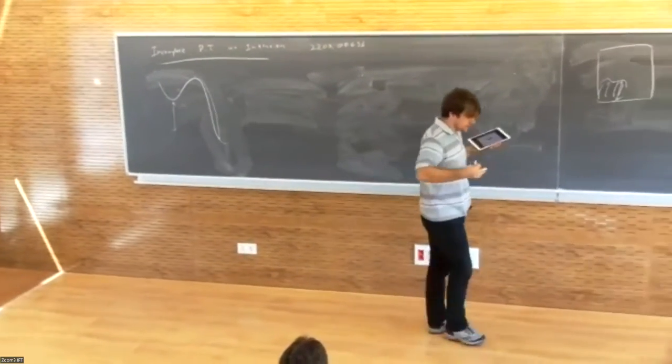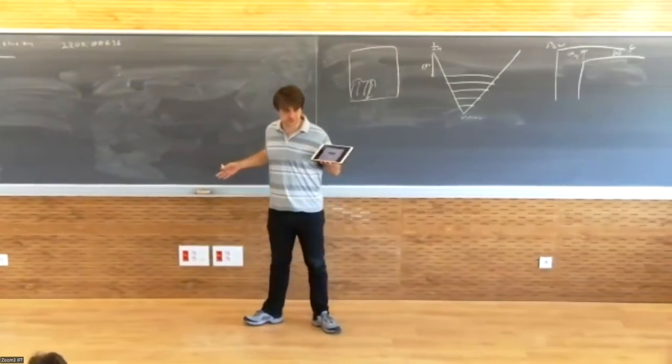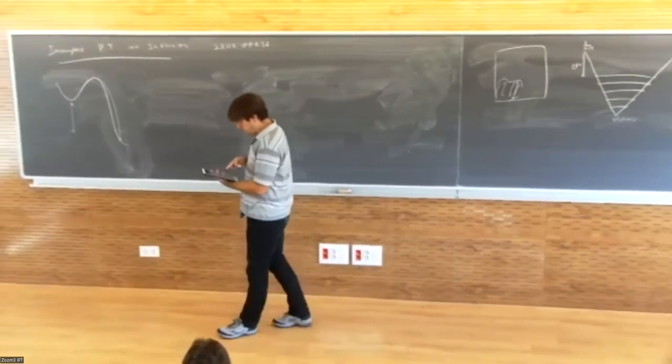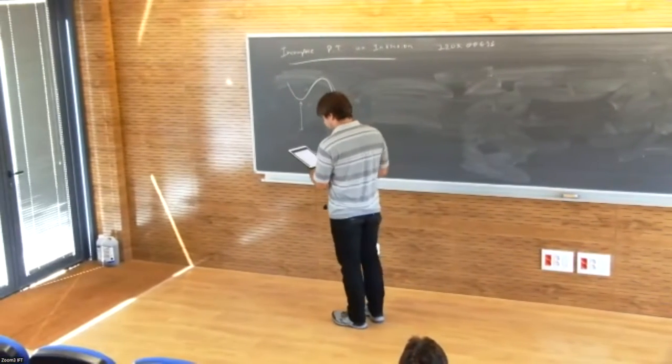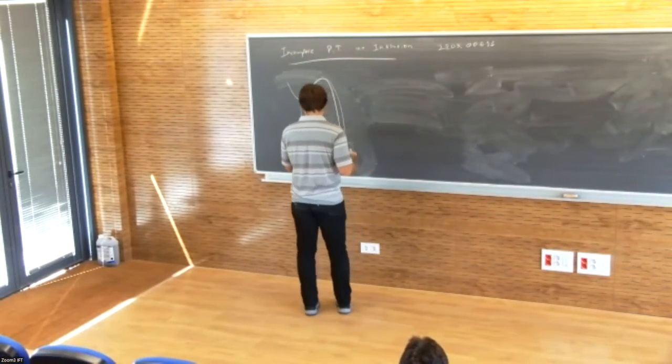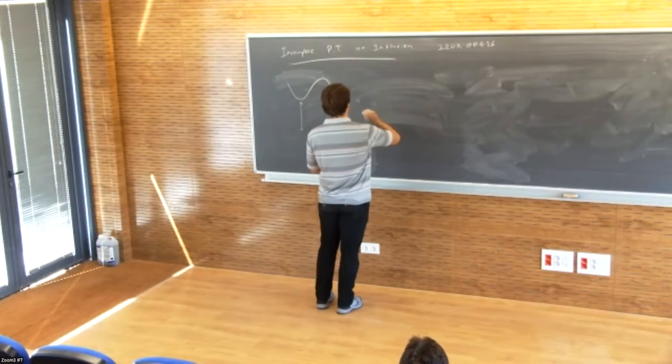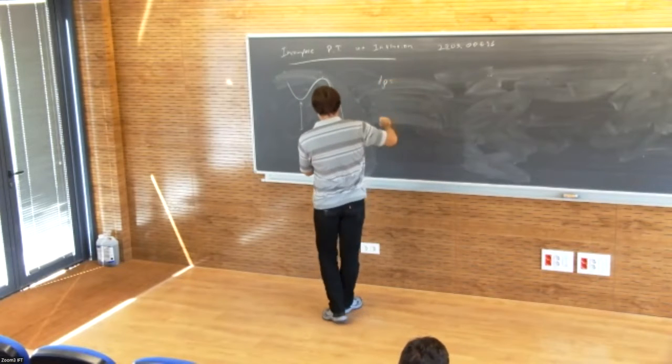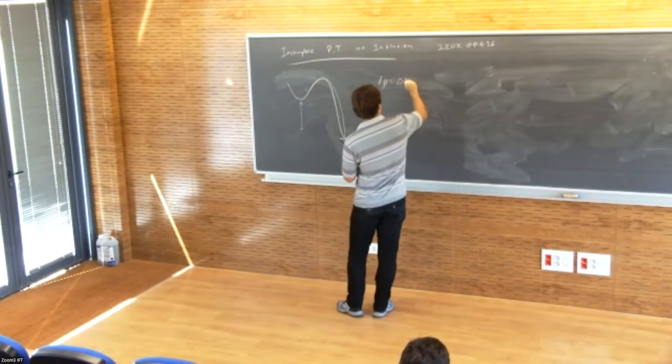Again, this is because the size of these bubbles is very large. So in this case, the story is quite simplified. So the delta rho we have is basically just delta V.